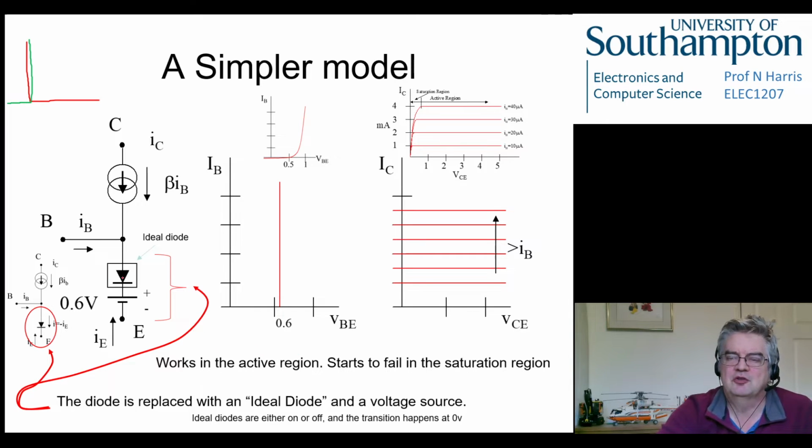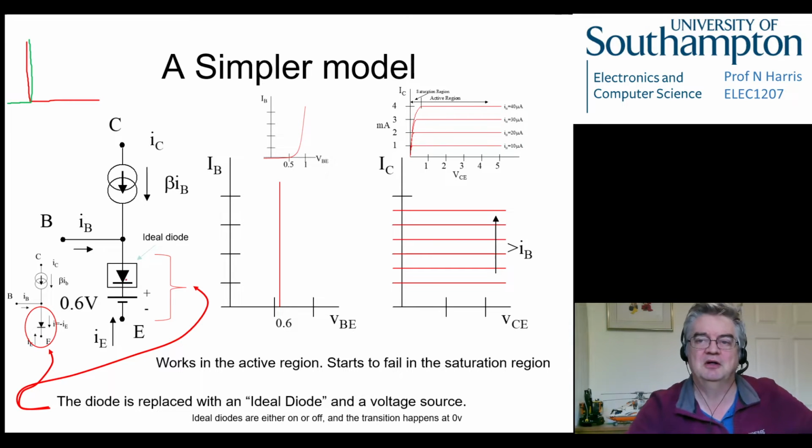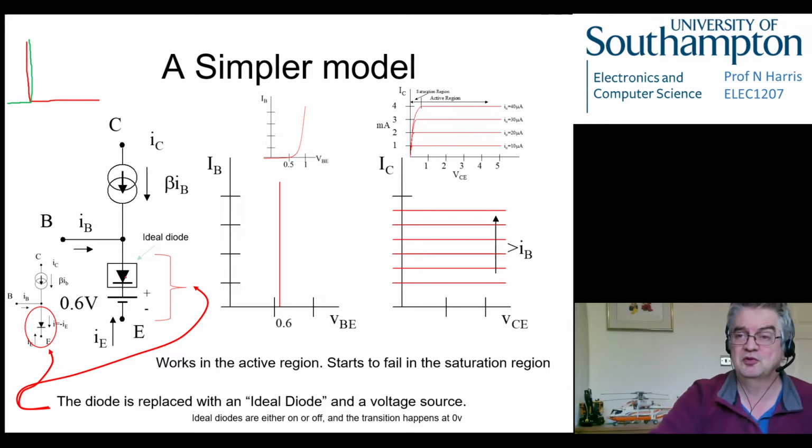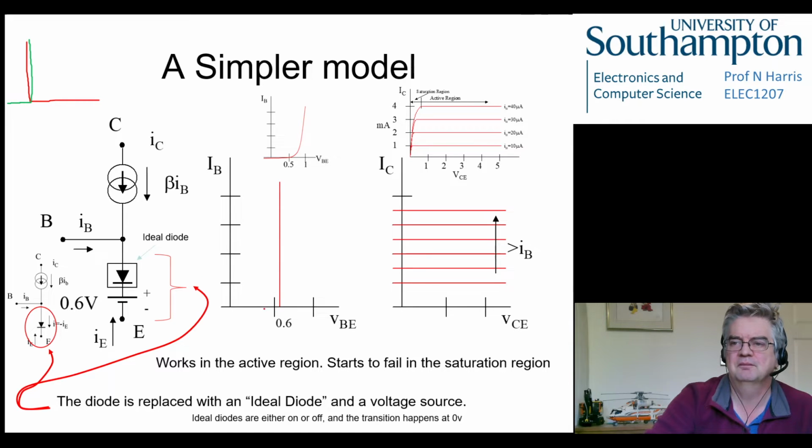So that's what we've got here. Any current trying to flow in this direction, straight down, is going to flow through here like it's not there, and just see this 0.6 voltage source. And any current trying to go in the other direction can't, because this diode is saying I'm not letting anything pass, and it's ideal. So that's what we just accept. So this combination of a diode and a voltage source gives us this characteristic.